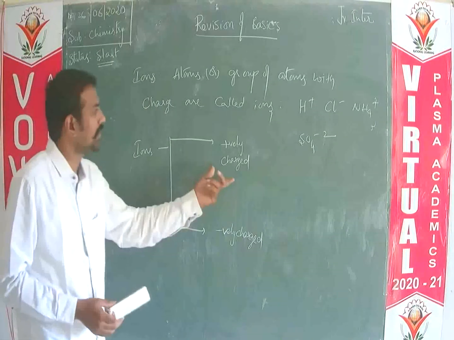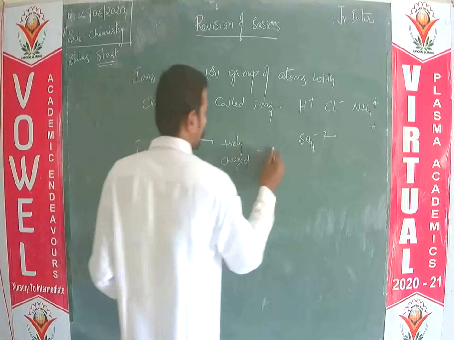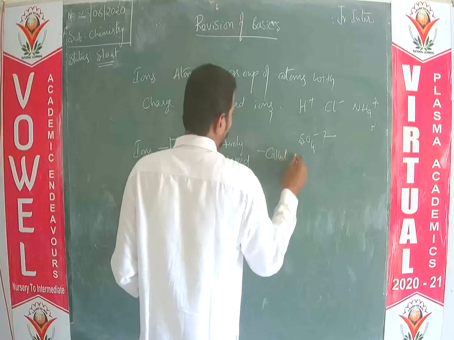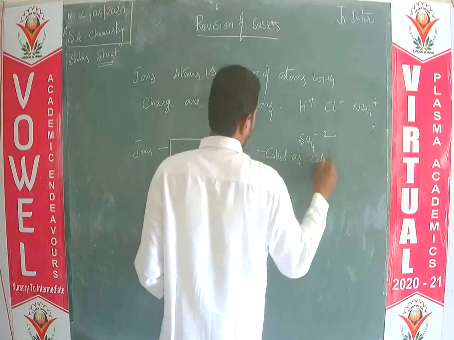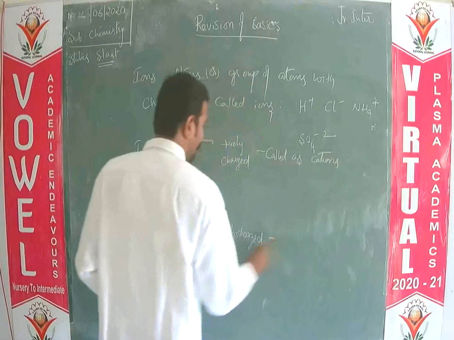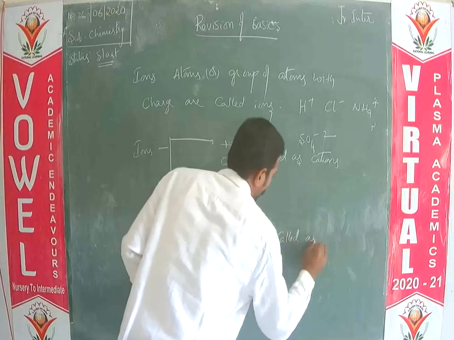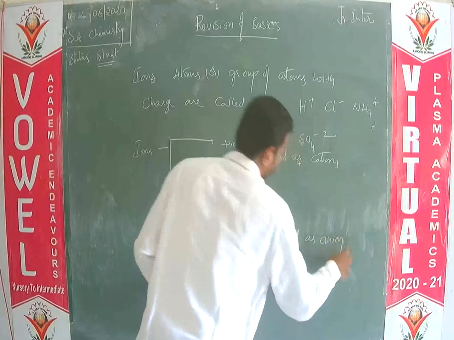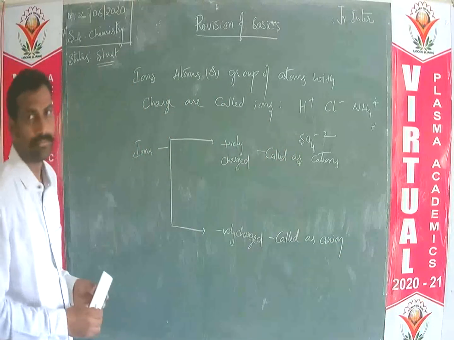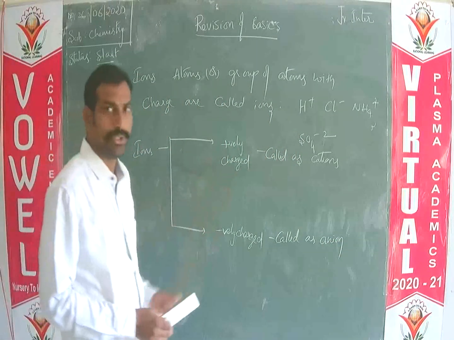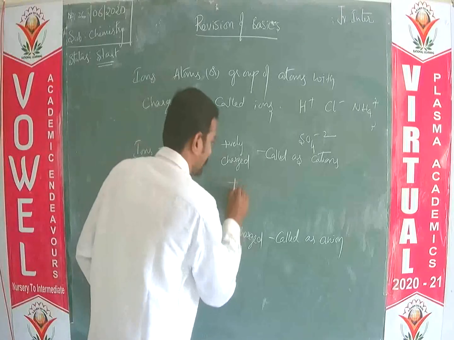Okay, positively charged ions are called cations. Negatively charged ions are called anions. In short, you remember this is plus.